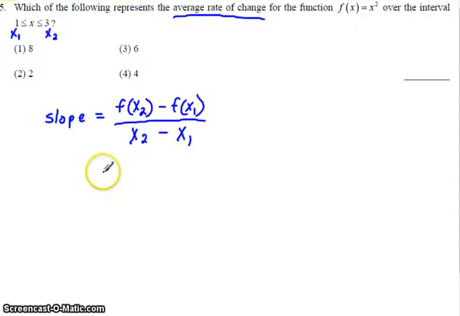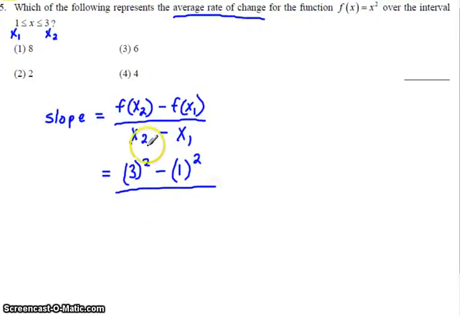So in this case, my average rate of change, or my slope, since it's x squared, it's going to be 3 squared minus 1 squared over my x2 is just 3 minus 1. So what this turns out to be is 3 squared is 9, 1 squared is 1, over 3 minus 1.